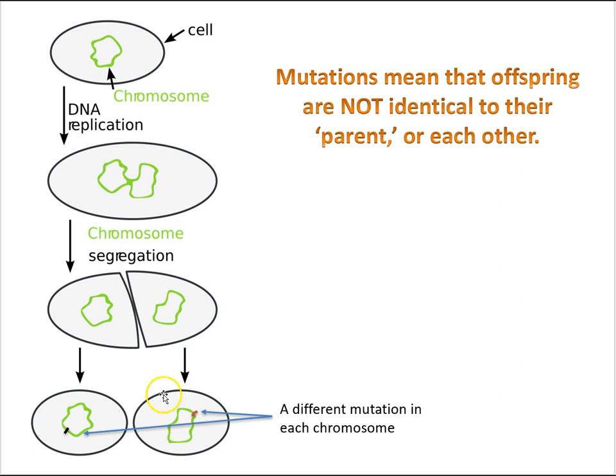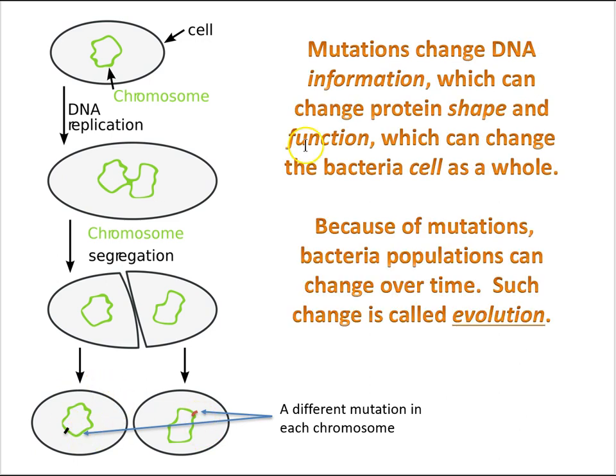And that would produce two daughter cells with different mutations. And as a result, they might be making different proteins with different shapes and have different characteristics. Mutations change DNA information, which can change protein shape and function, which can change the bacteria cell as a whole.